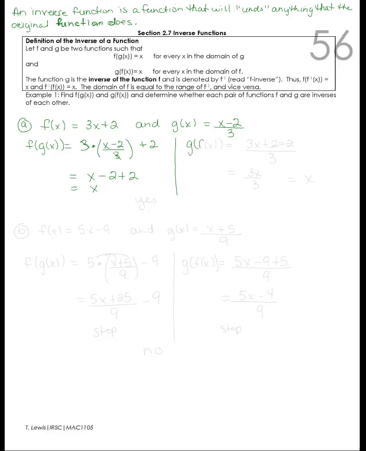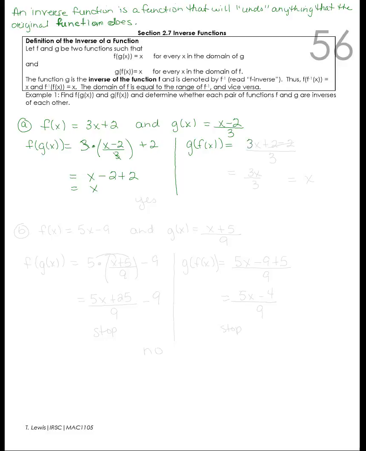Now g of f of x. Okay, so taking our g of x equation, x minus 2 over 3, where we see x, we're going to plug in the expression for f of x, 3x plus 2.